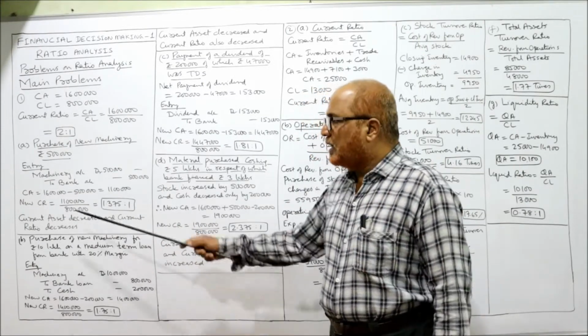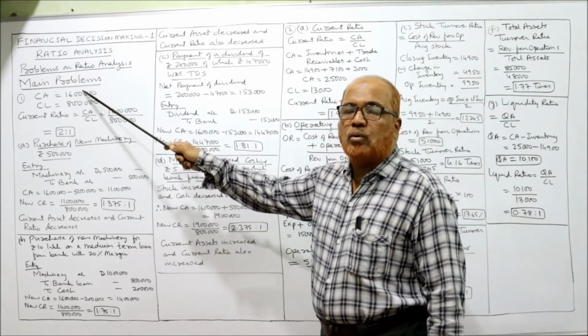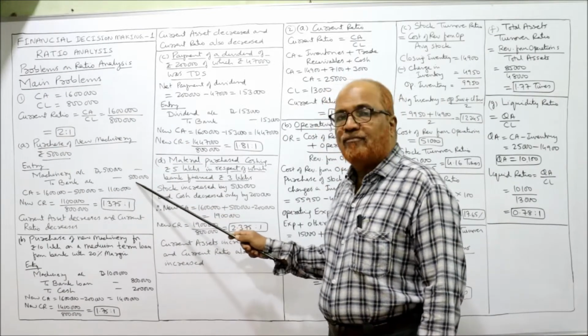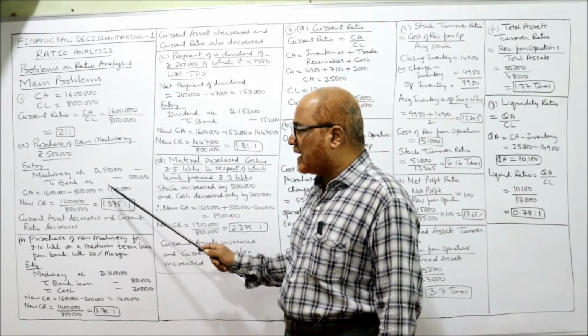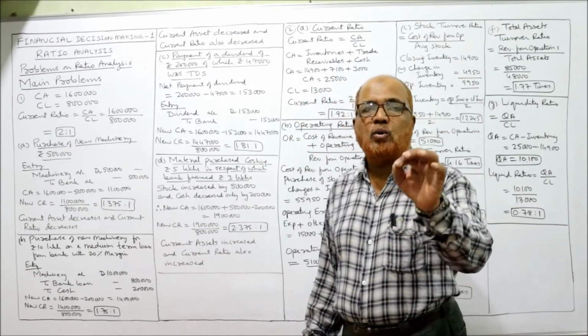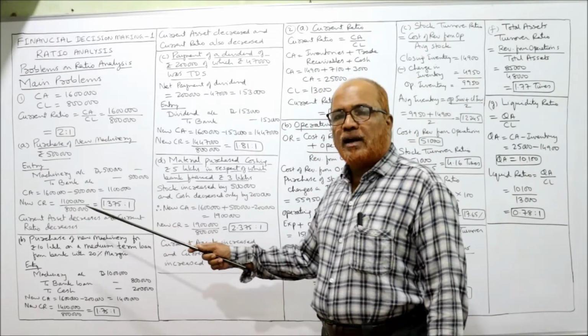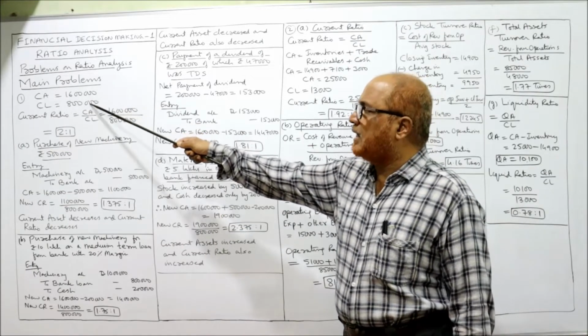How? What is the old current asset? 16 lakh. Out of 16 lakh, how much cash have we paid? 5 lakh. So 16 lakh minus 5 lakh, 11 lakh rupees is the new current assets. Now the new current ratio: the new current assets are 11 lakh and the current liabilities remain the same, 8 lakh.